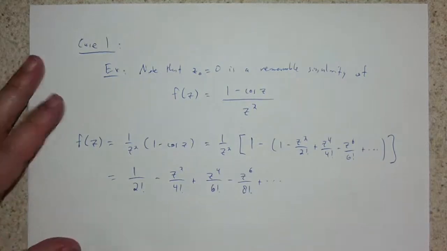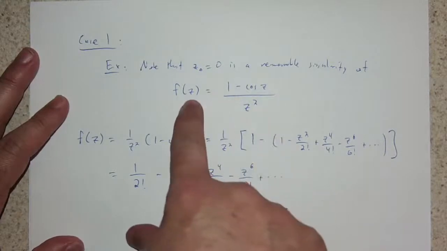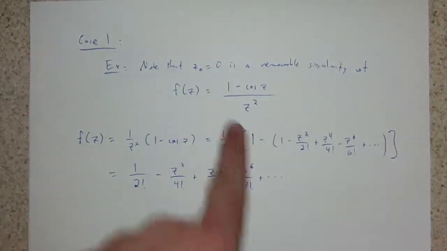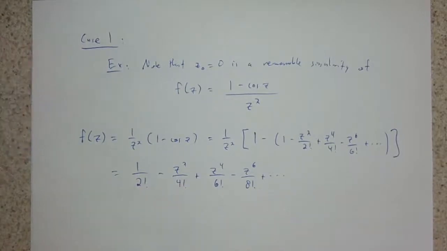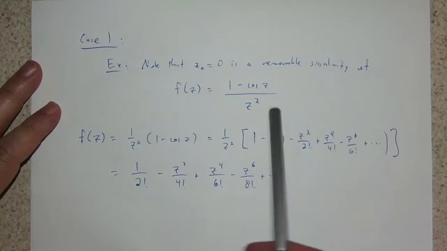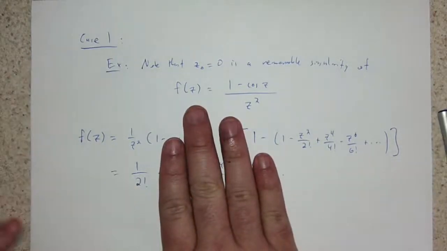Thus, what do we note? f of 0 written like this is undefined at 0. But what should it be? Looking at this, when I plug in 0, all these terms go away, and I have 1 over 2 factorial, which is just 1/2.